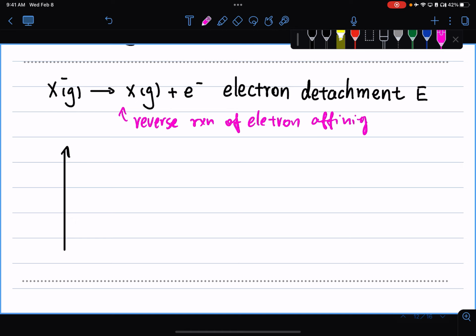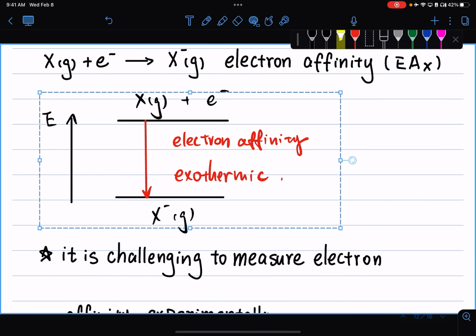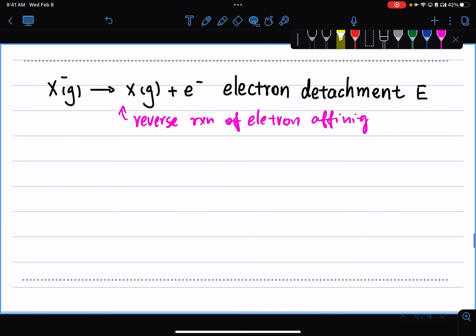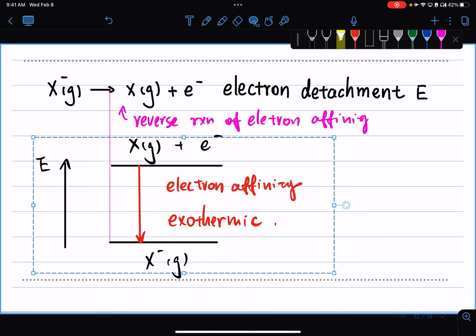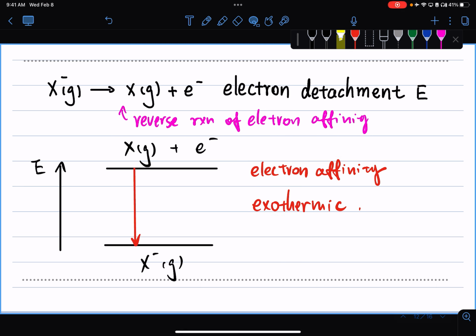When we say it's a reverse reaction, if I copy and paste this energy diagram here, we have this red one as our electron affinity energy, which is exothermic. The reverse reaction is our electron detachment energy.